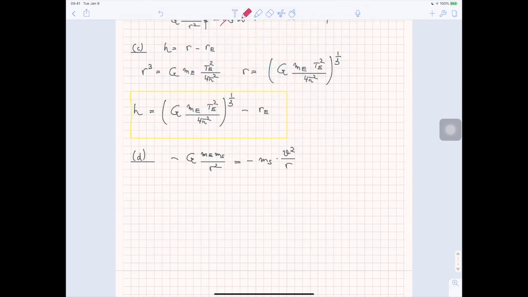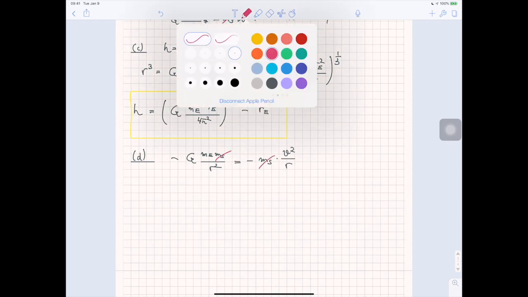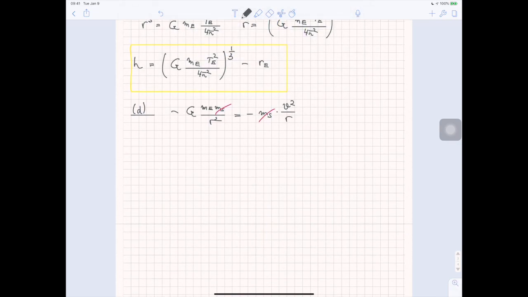Now you can cancel out the mass of the satellite, and solve this for r. Multiply by r squared, and we have r is therefore G Me divided by v squared. Okay, so we need that.